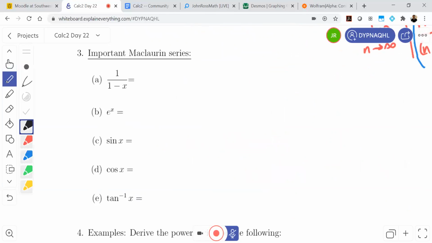So the e to the x we just calculated was 1 plus x squared over 2 plus x cubed over 6 plus ... AKA, this was the sum of 1 over n factorial times x to the n.